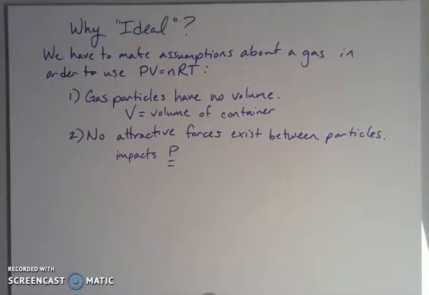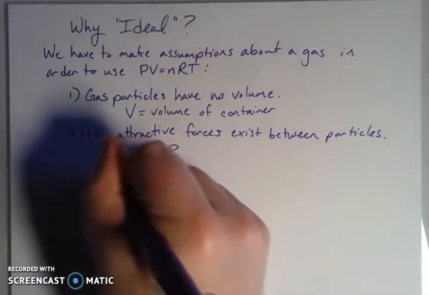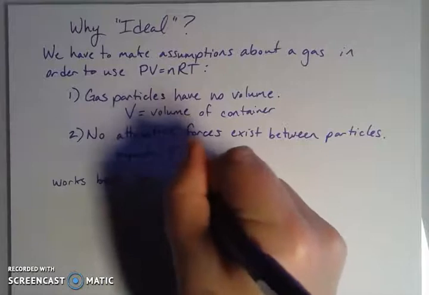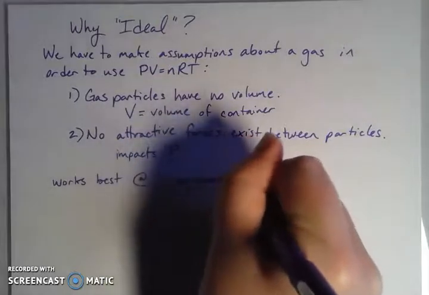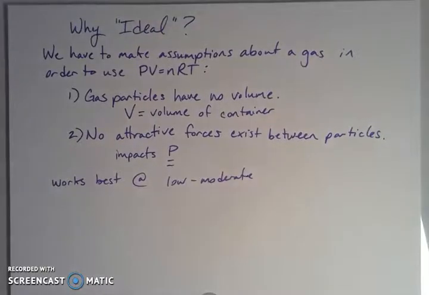Now again, that sounds huge. That sounds like a big thing that we're assuming. Well, when will we ever be able to use PV=nRT? Well, it works most of the time. It really means that it works best at low to moderate pressures, meaning pressures that we're under most conditions most of the time.